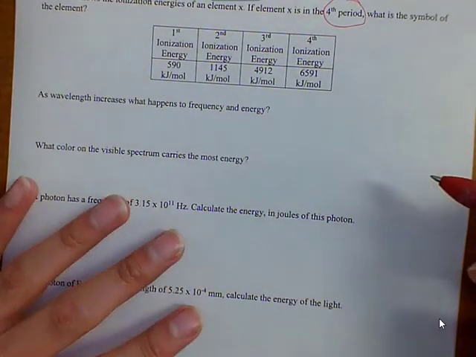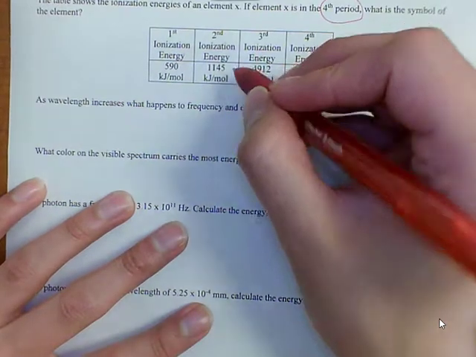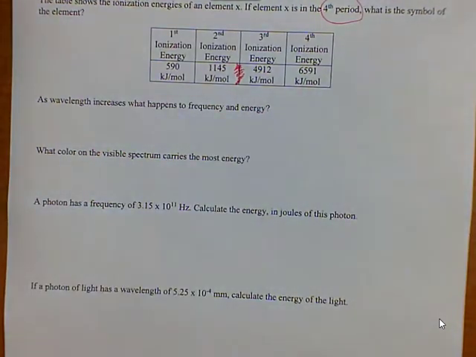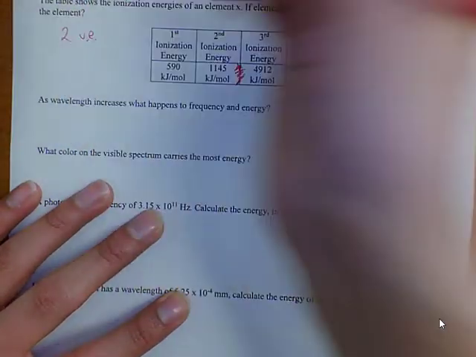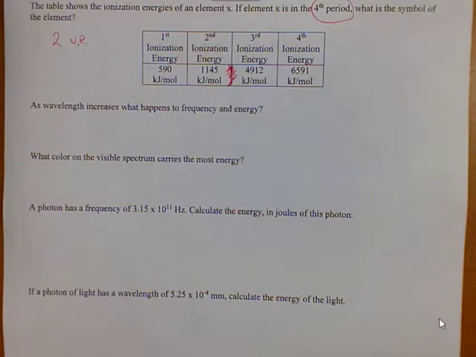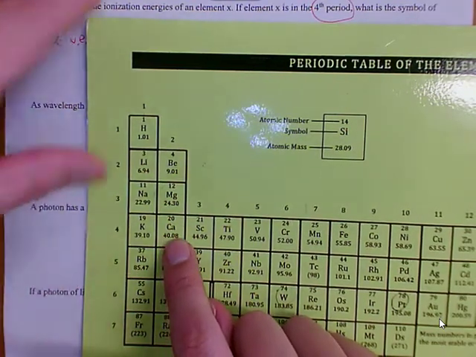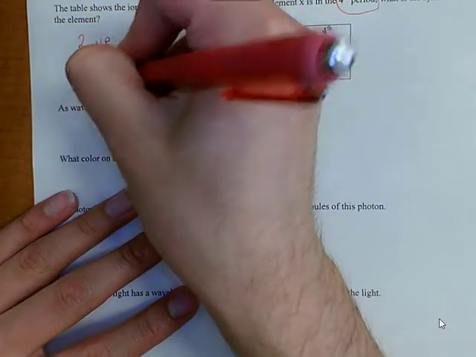So looking here, the biggest break I can see from all four of those numbers is right here. And so if that's my break, then I know that this has 2 valence electrons. And since I know it has 2 valence electrons in the fourth period, what has 2 valence electrons? Calcium. So this would be calcium.